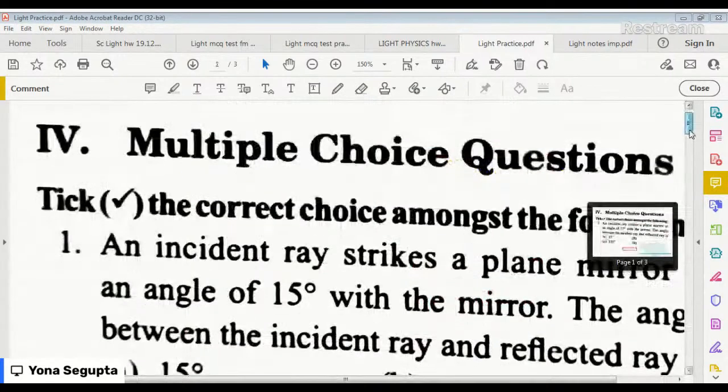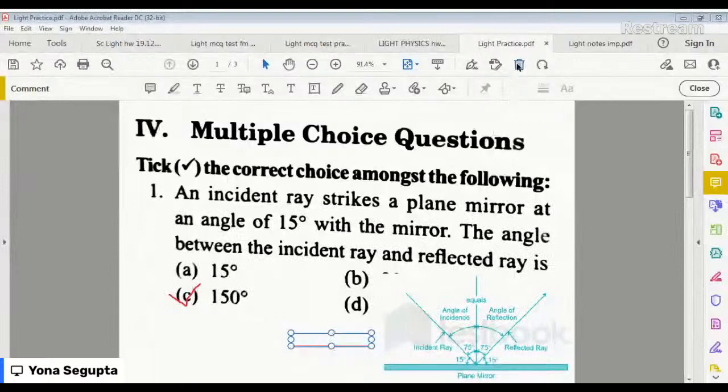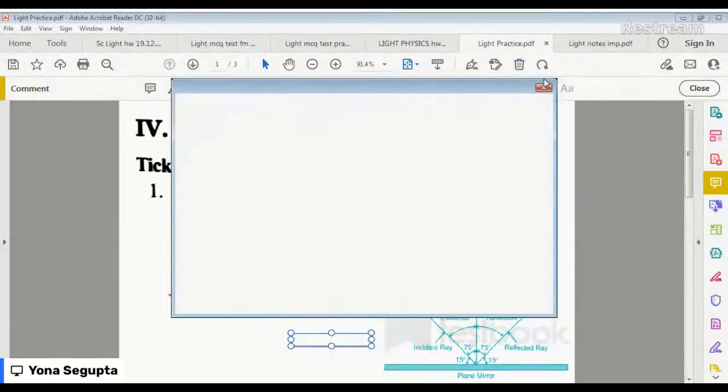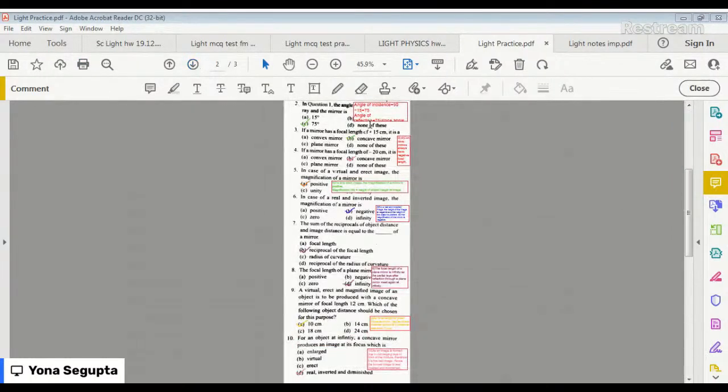If you want to see all of these again, I will try to show you this. So this is number one here. This is all together. This is number two, number three, the answer of number three.